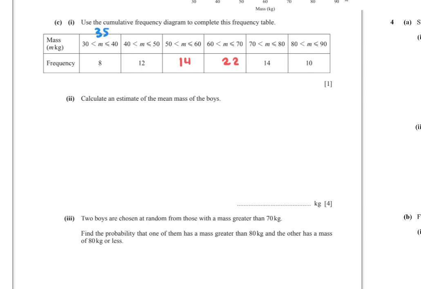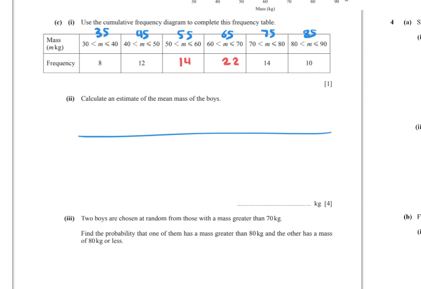Between 40 and 50, we have 45. 50, 60, so the halfway, 55. Between 60 and 70, so 65. Between 70 and 80, 75. Between 80 and 90, 85.